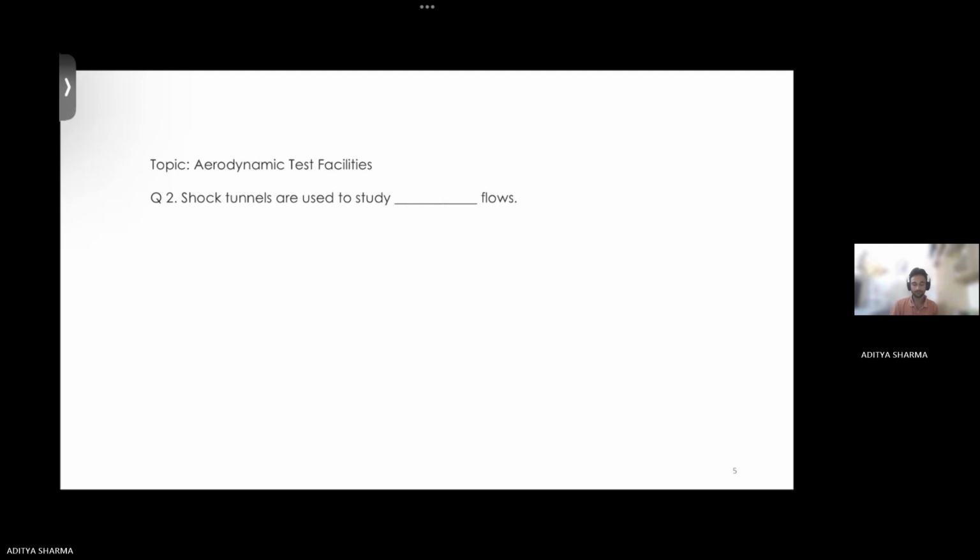So next question is on aerodynamic test facilities. And the question says that shock tunnels are used to study dash flows.